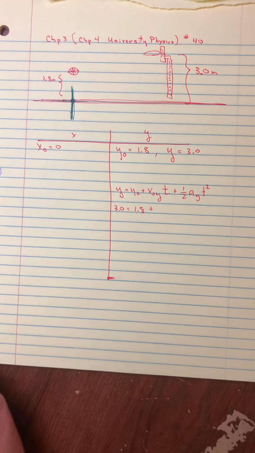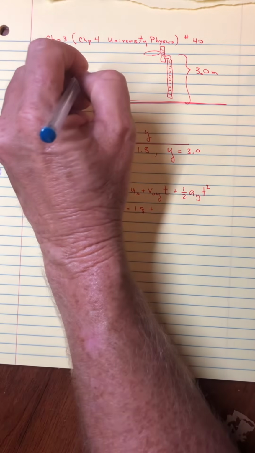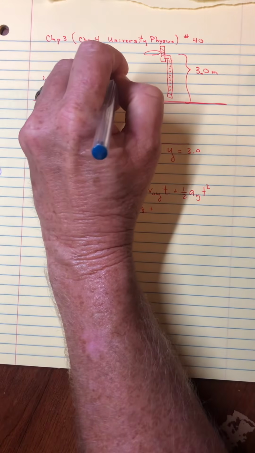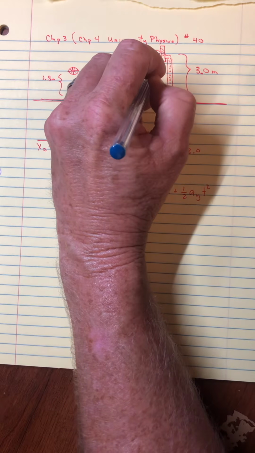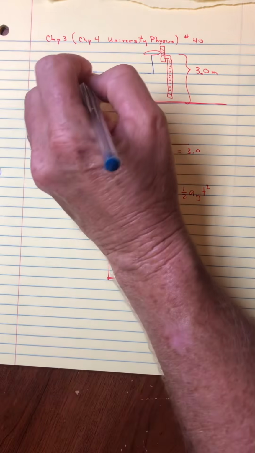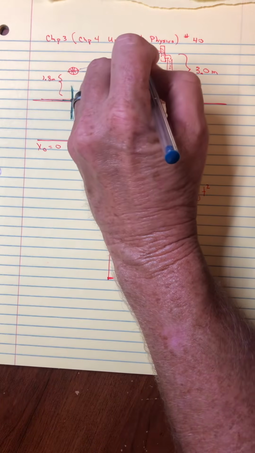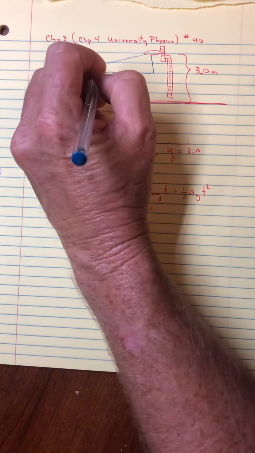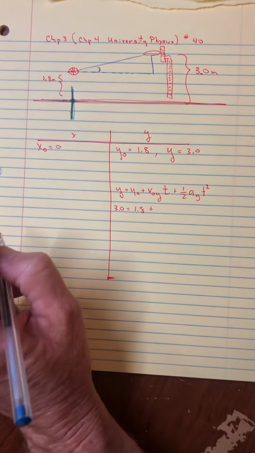The main thing I want to point out, and maybe I'll go into a blue color here, is that there is a horizontal distance and a vertical distance, and therefore an angle that's straight to the basket.